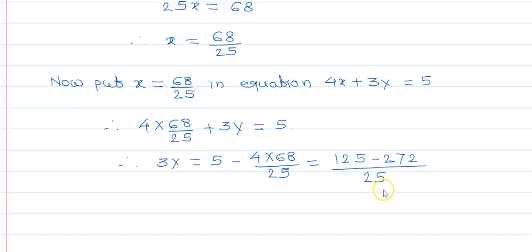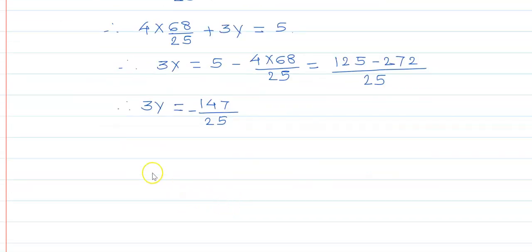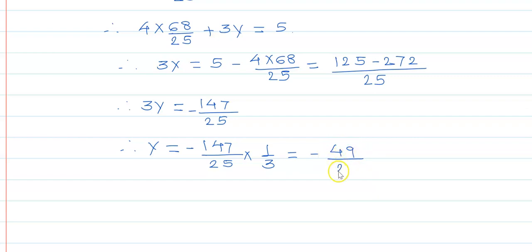Now the subtraction, 125 minus 272, you will get -147, and therefore y = -147/25 into 1/3, and here you will get -49/25. This is y = -49/25.